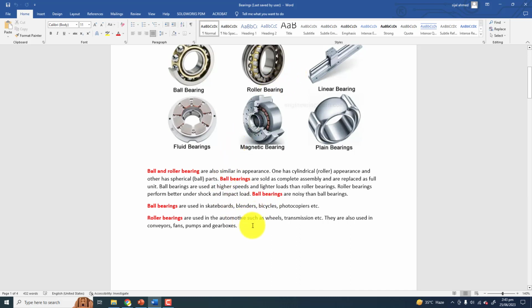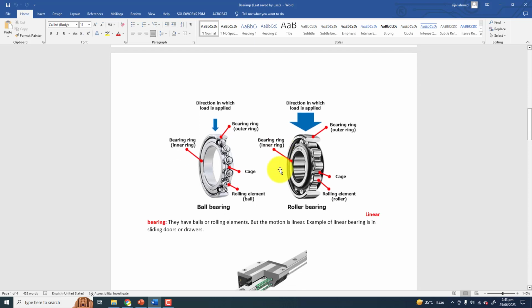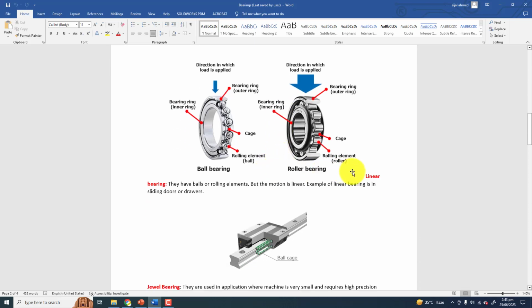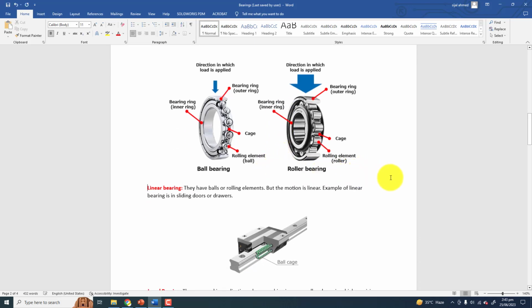Roller bearings are used in automotive applications such as wheels and transmissions, and also in conveyors, fans, pumps, and gearboxes. Now we are going to discuss linear bearings. As the name suggests, a linear bearing allows motion only in one direction, that is linear motion, not circular motion.